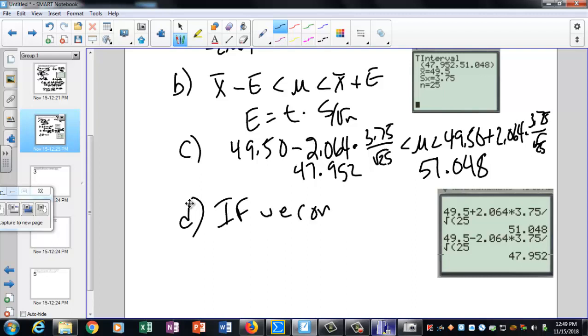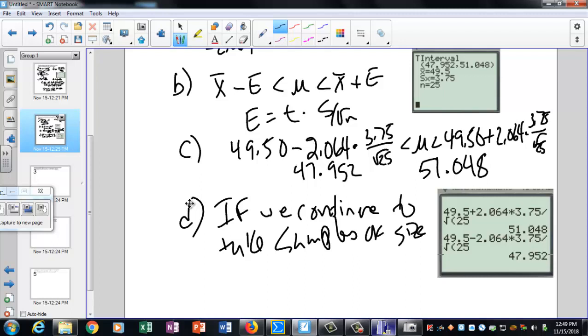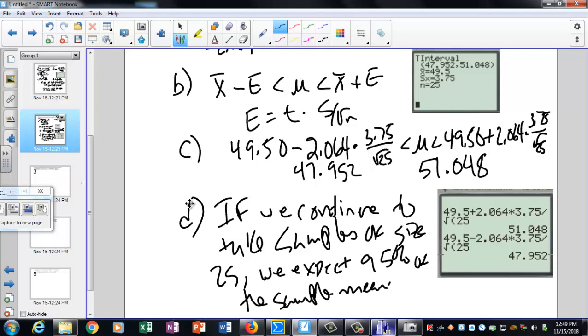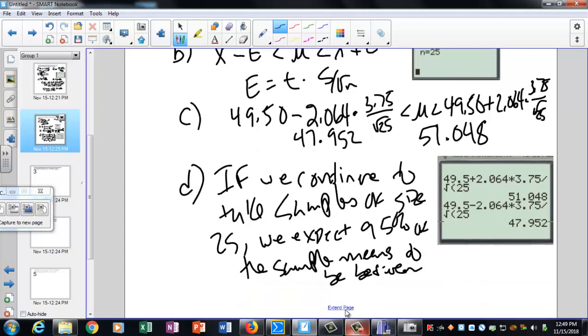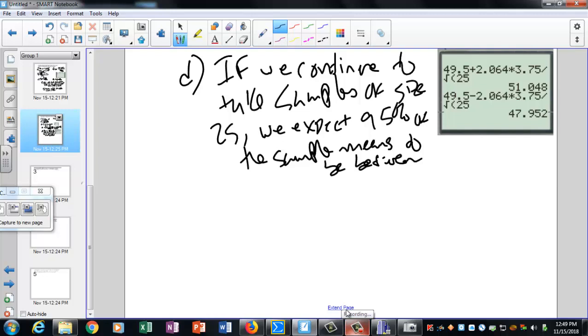If we continue to take samples of size 25, we expect 95% of the sample means to be between 47.952 and 51.048.